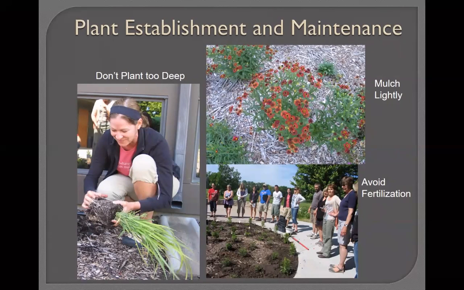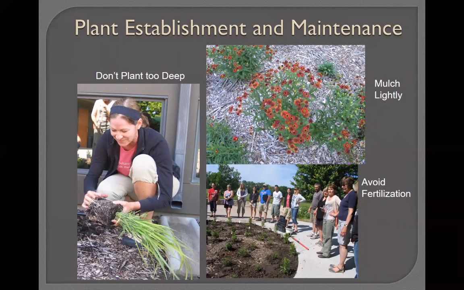Avoid fertilization. We talked a little bit about that at soil preparation. Too much fertilizer, too much organic matter encourages a lot of top growth, and it usually takes 3 to 5 years for those root systems that we saw in one of those original slides to develop. And so you have a lot of top growth that is not going to be able to be sustained by an immature root system, especially for those first couple of years.